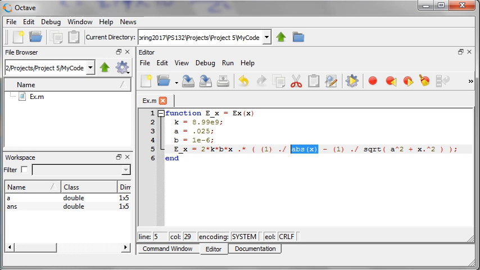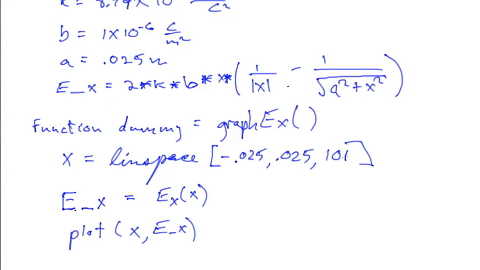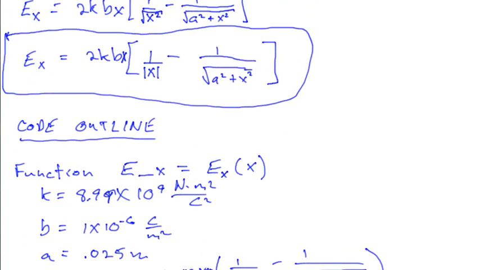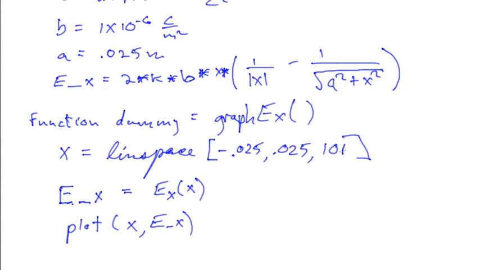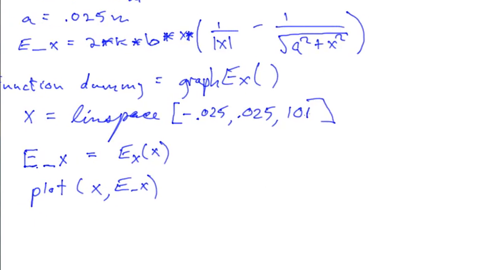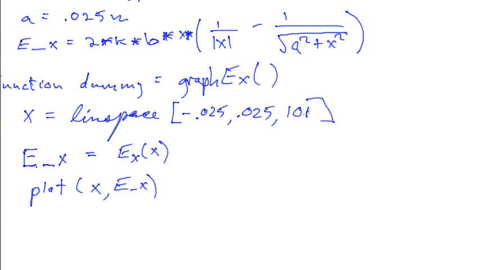I'll show you what I'm talking about. I chose 101 to make it look nice and neat, but I think the 51st value is going to be exactly 0, whereas if I pick 100, it never hits 0, with an even number of them.